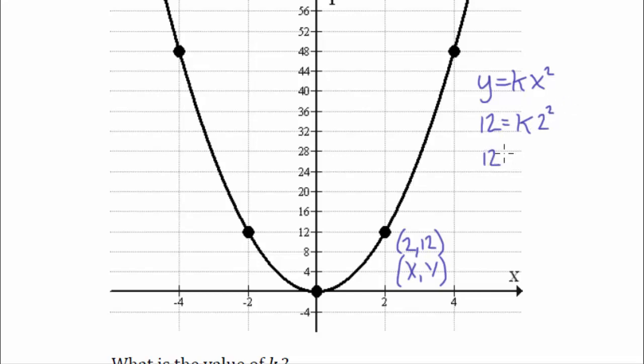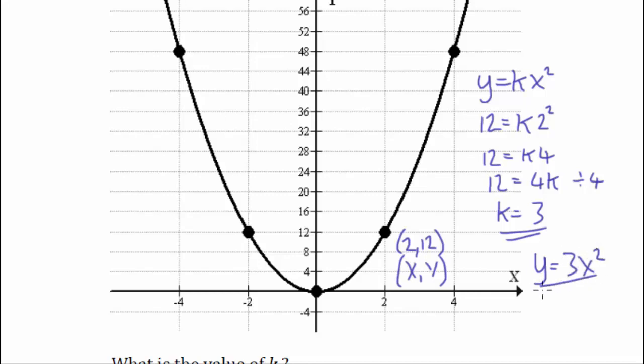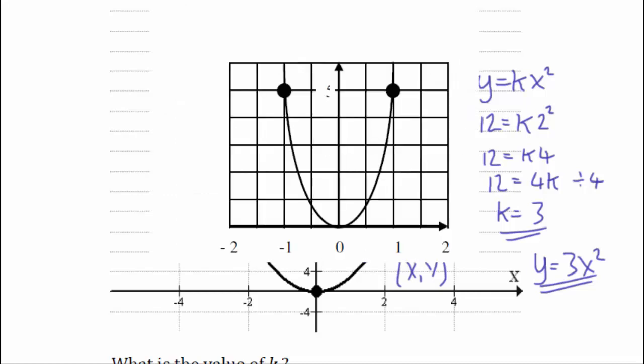So 12 equals k times 4, which is the same as 12 equals 4k. We divide both sides by 4, and we get k equals 3. We get the same answer as the last one, so y equals 3x squared. And that's your answer.